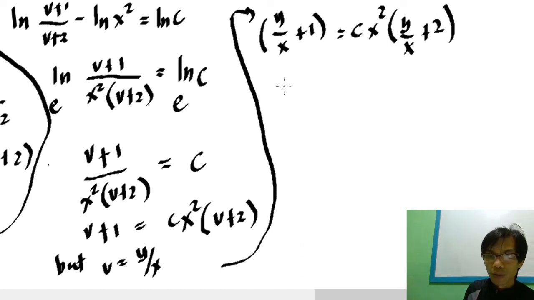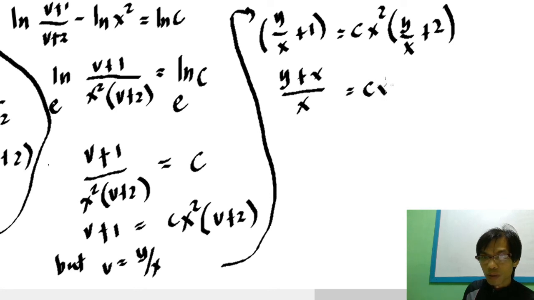Okay, to simplify that further, we have (y plus x) over x is equal to c x squared, and then (y plus 2x) over x.